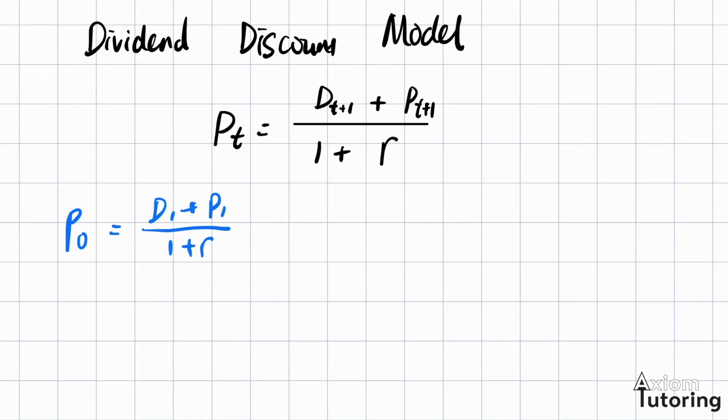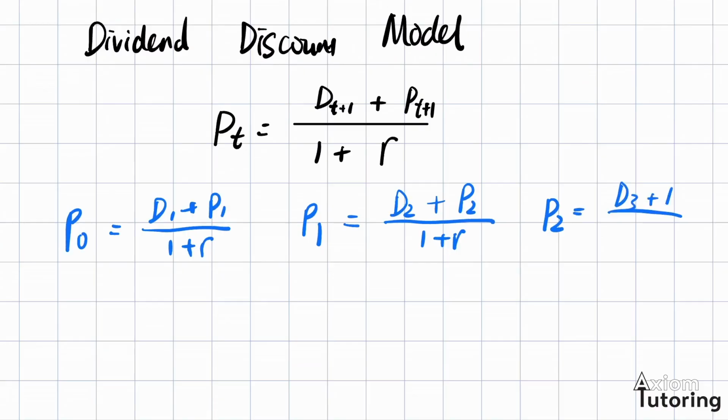So what if we expand it a little bit further, which is we substitute P1 with D2 plus P2 divided by 1 plus R? And P2 again can be substituted with D3 plus P3 over 1 plus R again.